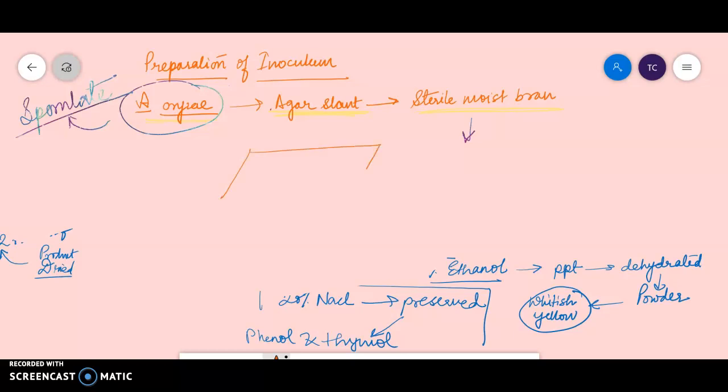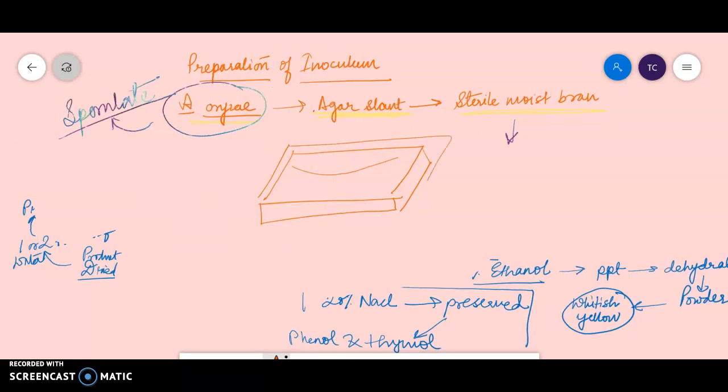So if I draw the trays, these are the shallow trays which have your perforated covers. Okay. So in this particular tray, a thin film of paper or cotton cloth is placed on the top to prevent contamination and to absorb moisture.